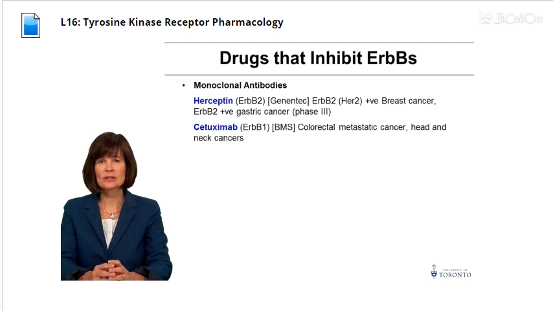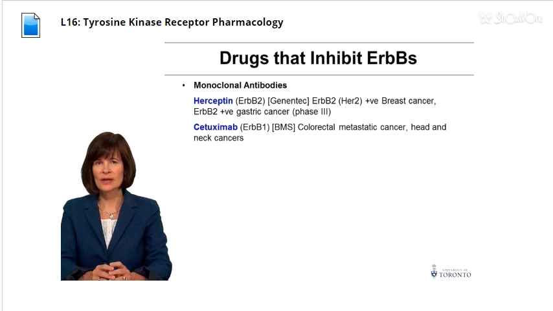The first are the drugs that are called antibodies, raised against specific parts of ERBB receptors, hence they are known as monoclonal antibodies. These drugs are directed to the part of the ERBB receptor that is on the outside of the cell, where the ligand binding domains are.